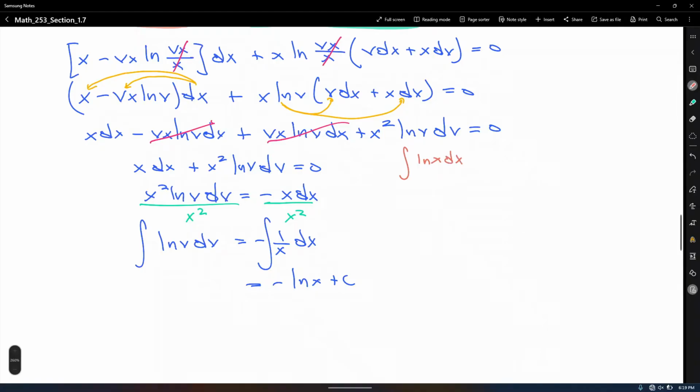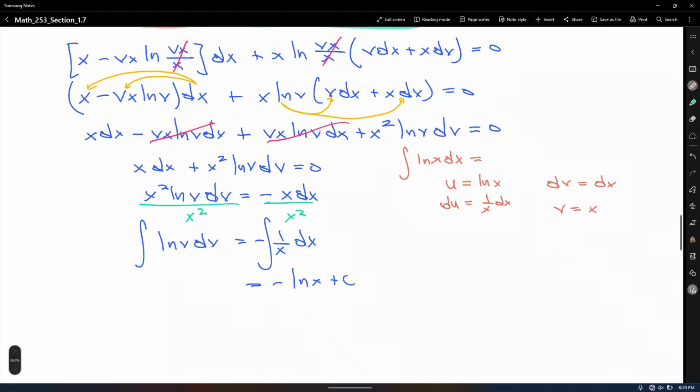So u equals ln x, du equals 1 over x dx. That means dv equals dx, or v equals x.